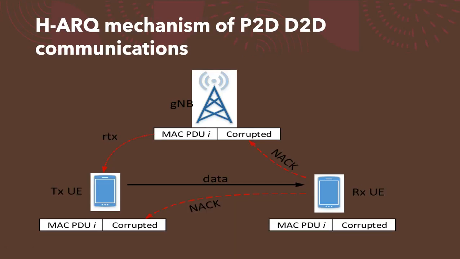Flow directions. HARQ architecture mechanism of P2P and D2D, device to device communication. We can see the gNB, gNodeB base station, to make PDU and corrupt it, starting from transmitted power at the sender.